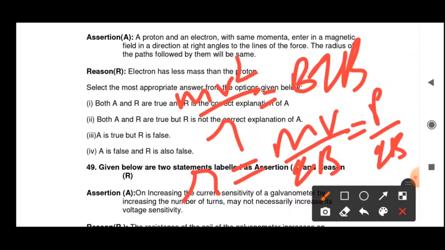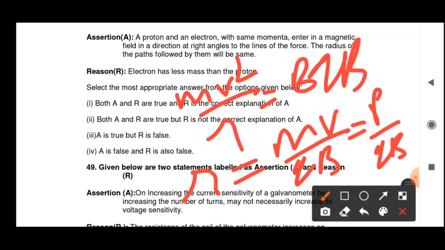Now see the assertion again. It is given that if a proton and an electron both moving with the same momenta enter a magnetic field, meaning B is constant and p is constant, then the radius of the path followed by them will be the same.